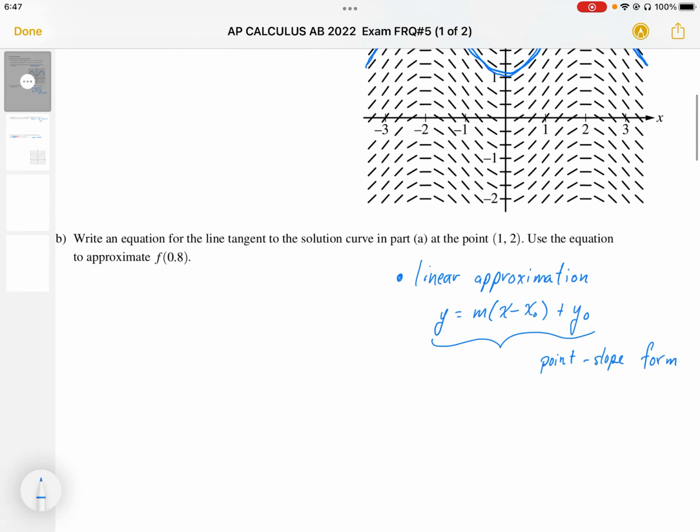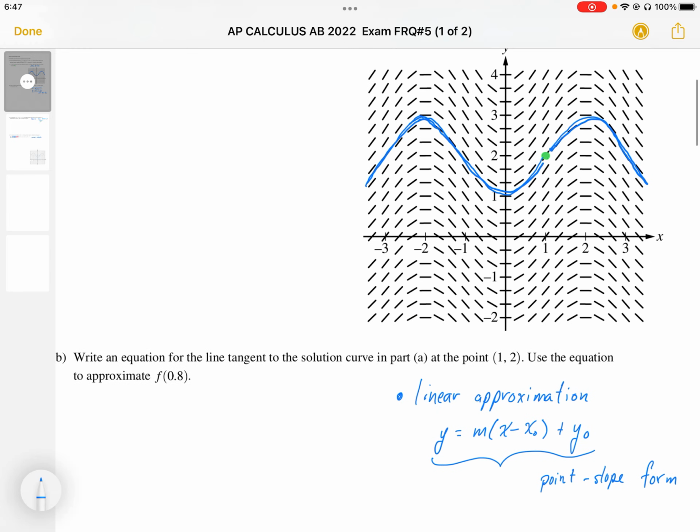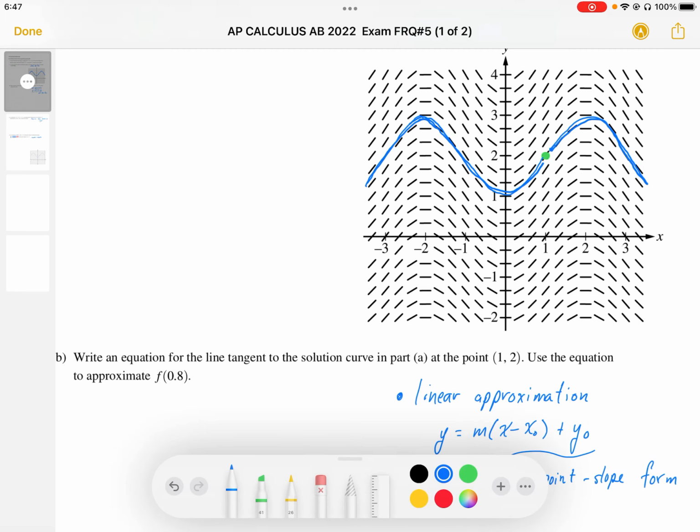For part B, it says, write an equation for the tangent line to the solution curve in part A at the point (1, 2), and use that equation to approximate f(0.8). So basically we're going to come up with the equation of this tangent line. I'm going to draw this tangent line in a different color.